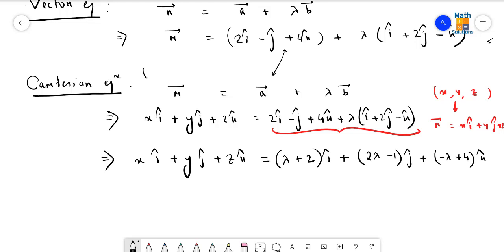This is the way we separate i cap, j cap and k cap on the right hand side.